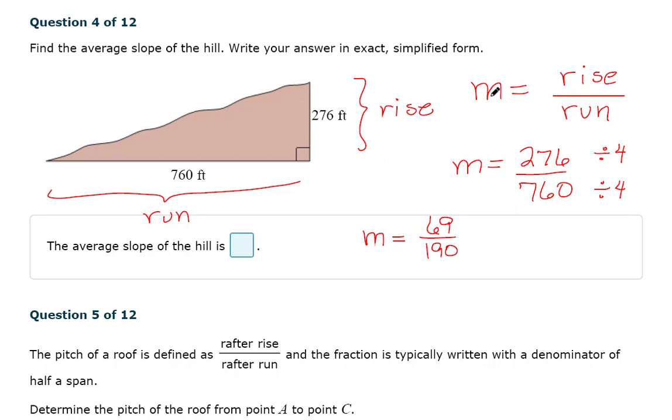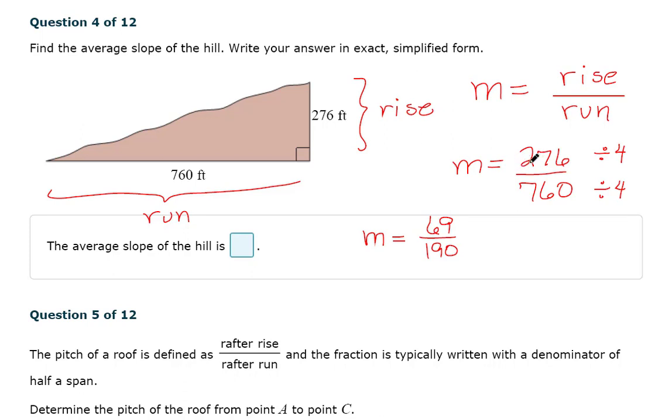So another way to think of the slope m is rise over run, where the bottom is called the run and the vertical amount of change is the rise. And so this would be 276 over 760.